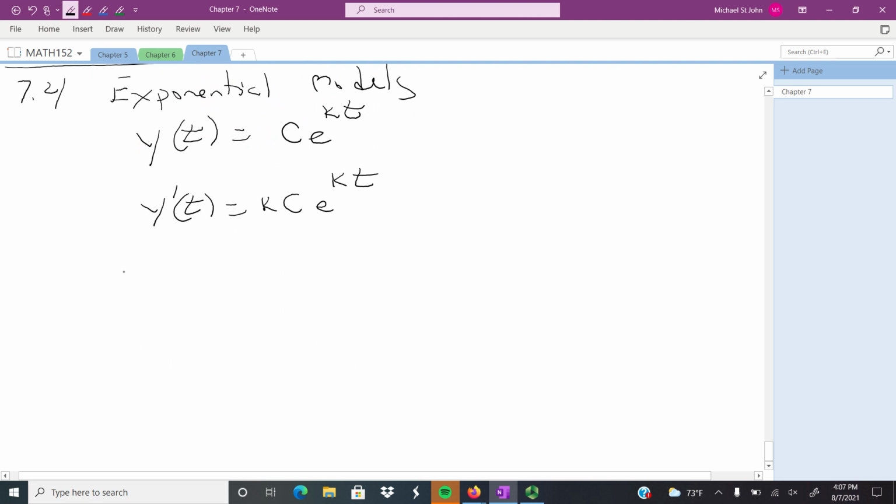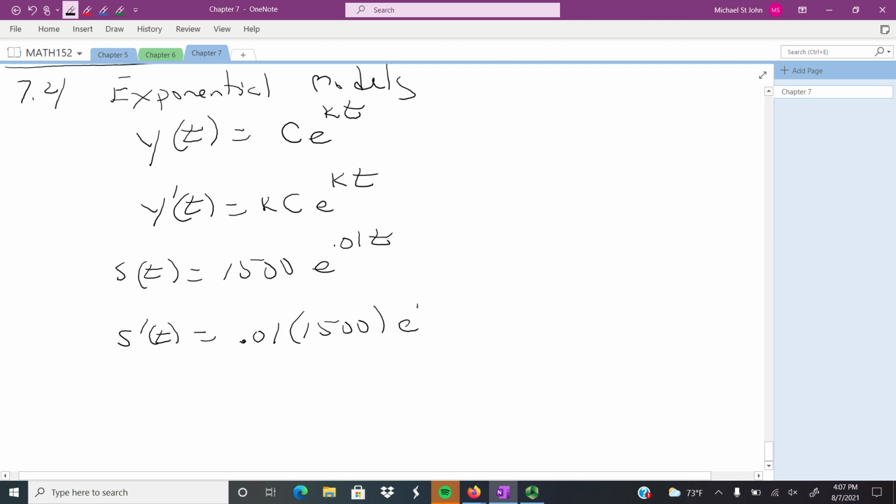So for example, if s of t equals 1500 e to the 0.01 t, then s prime is going to be 0.01 times 1500 e to the 0.01 t. And so this will give us 15 e to the 0.01 t. Right?